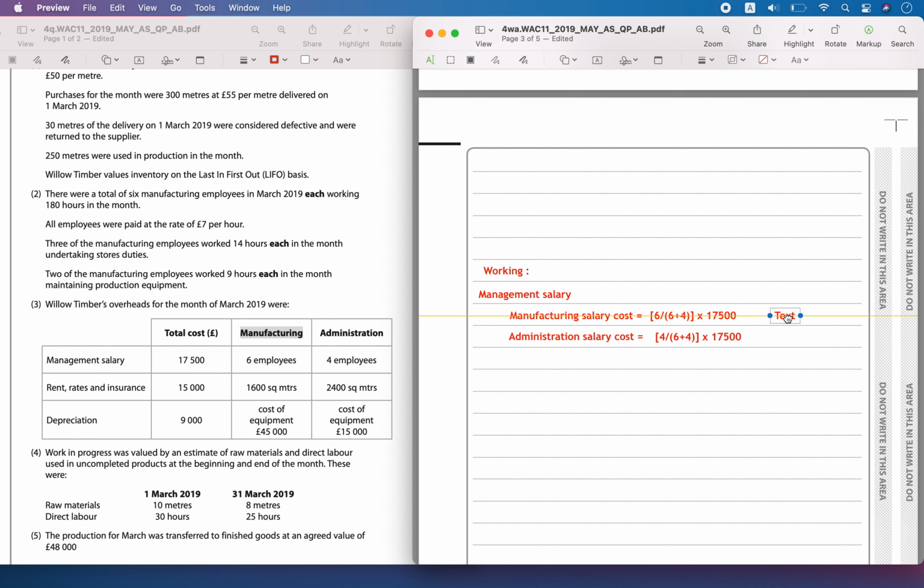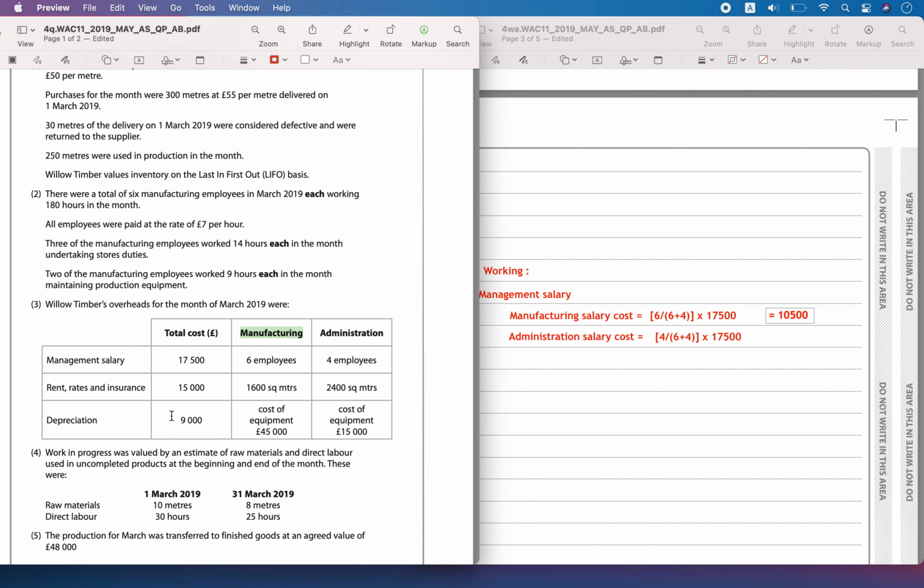So let's get the values. When you solve it, it is 6 divided by 10 times 17,500, so that is 10,500 pounds.